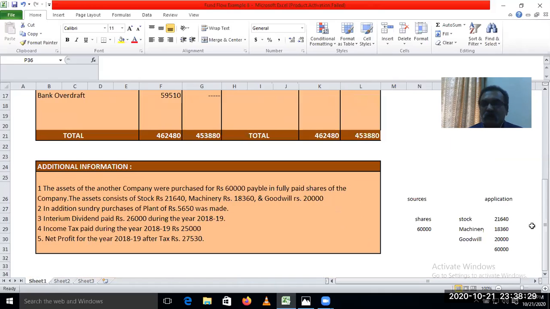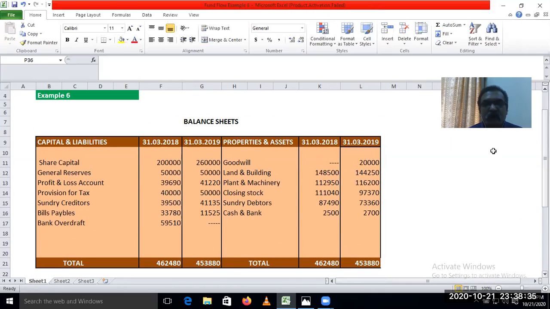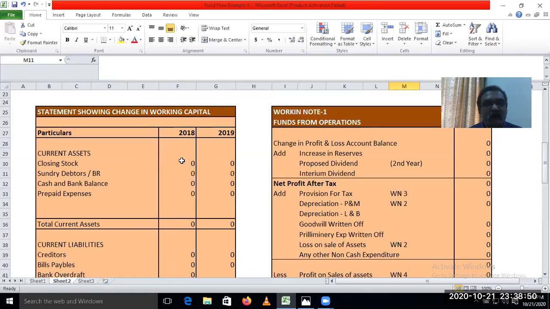Now you can take the example in front of you. You can check out the balance sheets in the example. Balance sheet, asset side. These are the 3 different current assets: closing stock, sundry debtors, and cash and bank. Closing stock 2018 is 1,11,040.